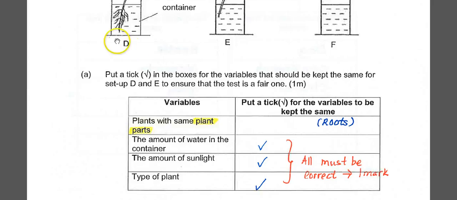Because we're testing whether roots do absorb water. All right, whether this water level will go down after a while and this one will not go down that much. Now next, these have to be kept the same. One tick, two ticks, three ticks, right? Amount of water must be the same, amount of sunlight, and the type of plant. Okay, now let's go to the next one.